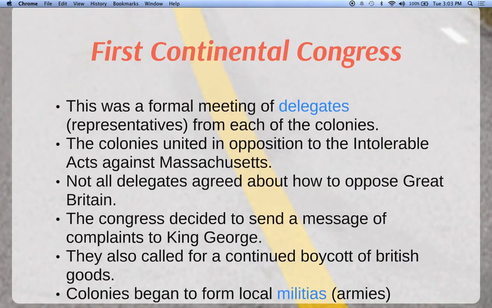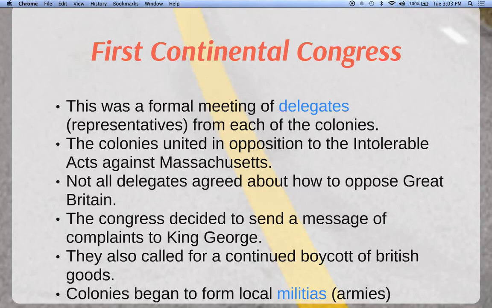With this, the First Continental Congress is formed. This is a group of delegates or representatives from each of the colonies, and they were like, what are we going to do about this? This is getting crazy. These Intolerable Acts against Massachusetts, we've got to come together as one and express our distaste to the British government. They decided they wanted to send a message with complaints to King George. They said, this is what's wrong. This is why we're upset.